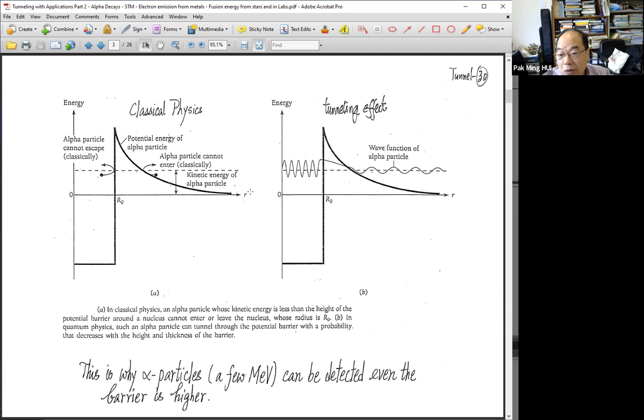And then you can do a tunneling calculation. So you have a wave function here. You write down some wave function in the middle. The particle comes out, you have this traveling wave going out to the right. You match boundary conditions, then you can get a transmission coefficient.